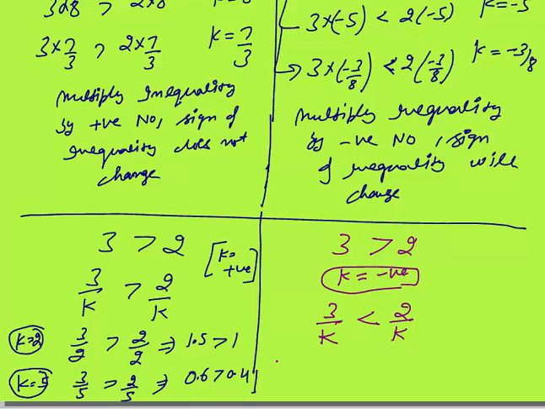For example, if k is -1, then 3 by -1, which is -3, will be less than 2 by -1, which is -2. So the sign of inequality will change if you divide both sides of the inequality by a negative number.